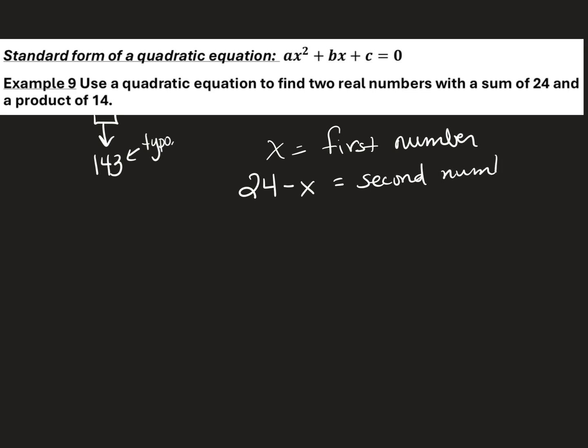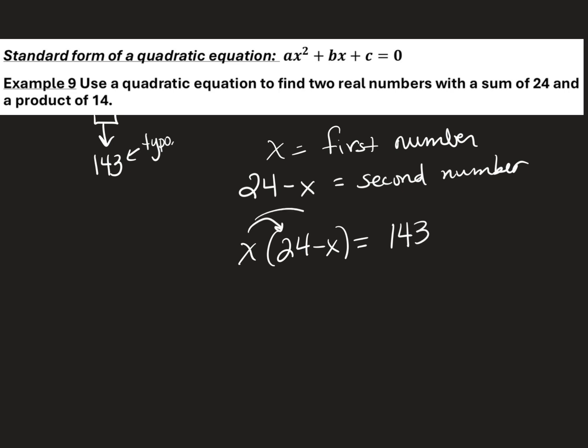So that's how I'm going to use the sum of 24. And then the next thing, these two expressions have a product of 143. So x times 24 minus x is going to equal 143.